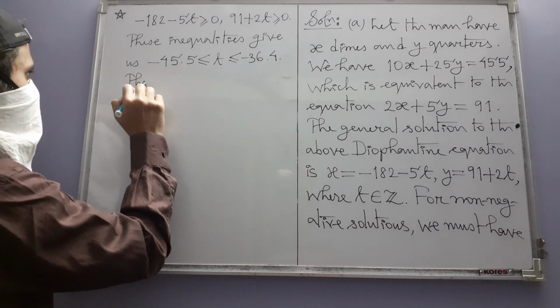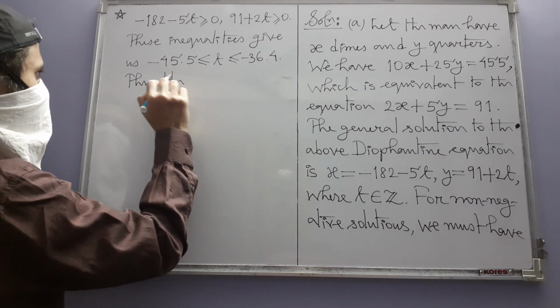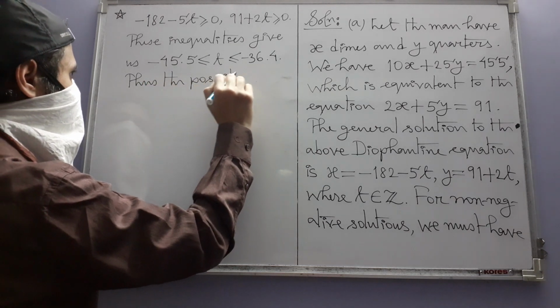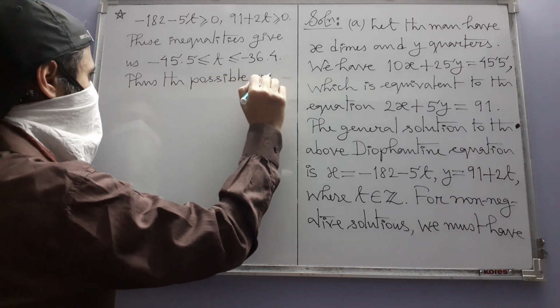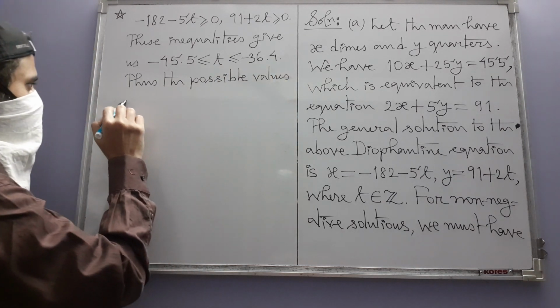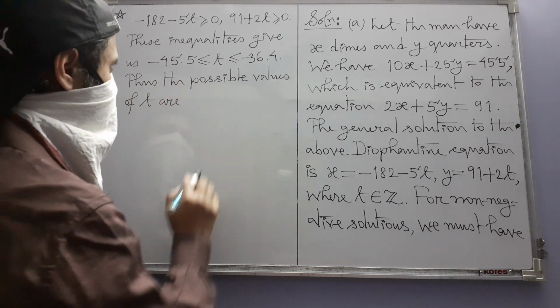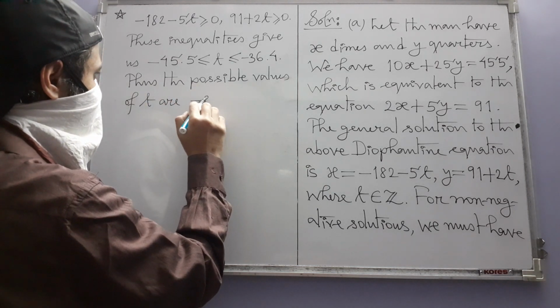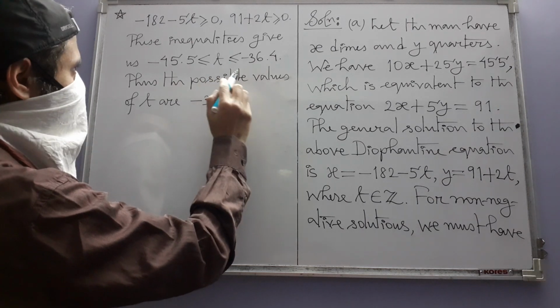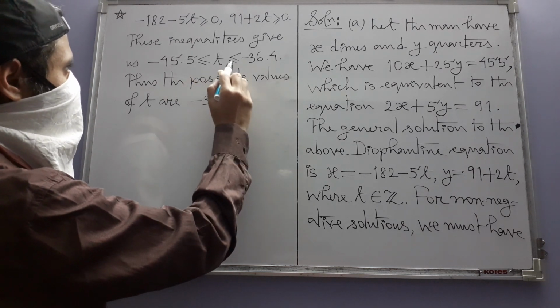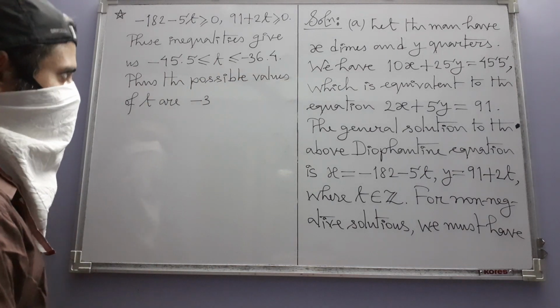Thus, the possible values of t are minus 30. Keep in mind it has to be less than or equal to, in fact we need not bother about the equality.